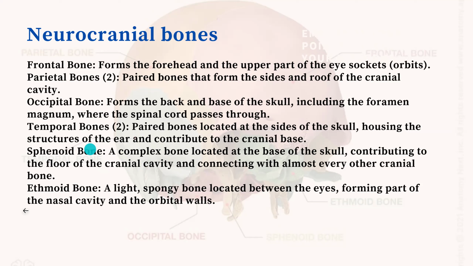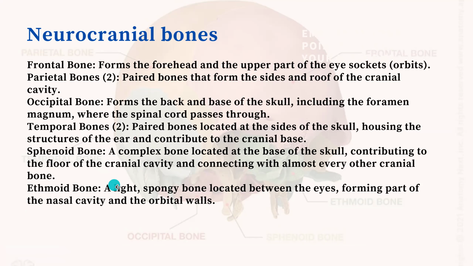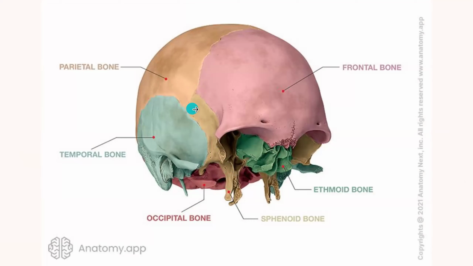Okay. Sphenoid bone, a complex bone located at the base of the skull, contributing to the floor of the cranial cavity and connecting with almost every other cranial bone, as we said before. This is the sphenoid connected to every other cranial bone.